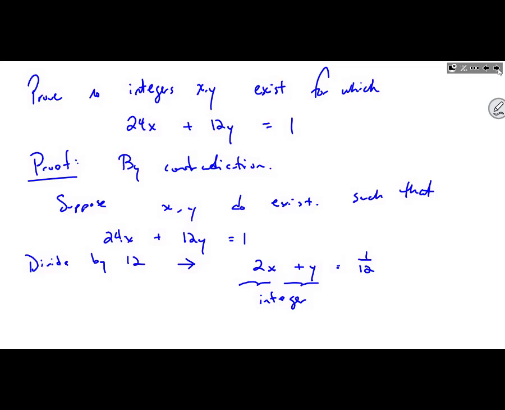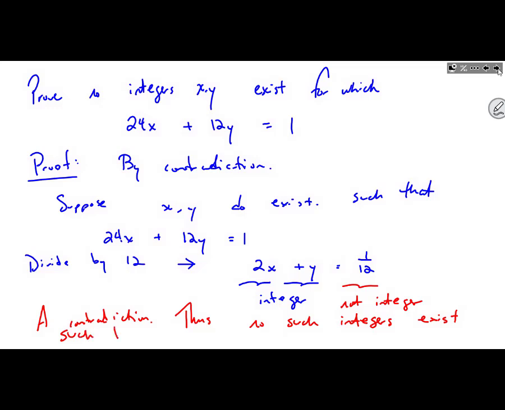But notice that 1/12 is not an integer, which leads us to a contradiction. Therefore, no such integers exist such that 24x plus 12y equals 1.